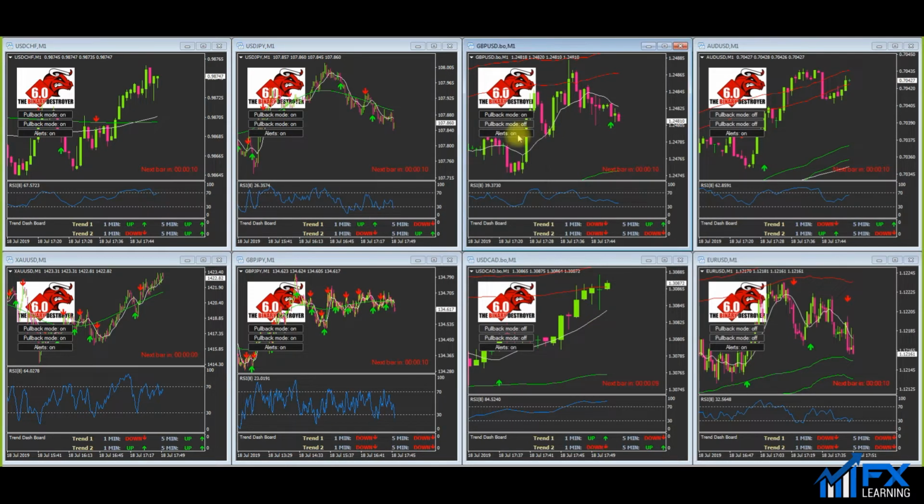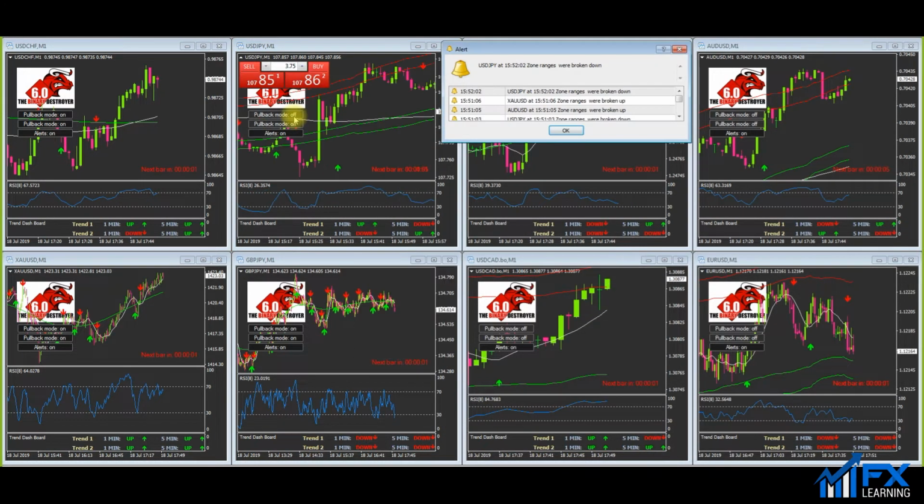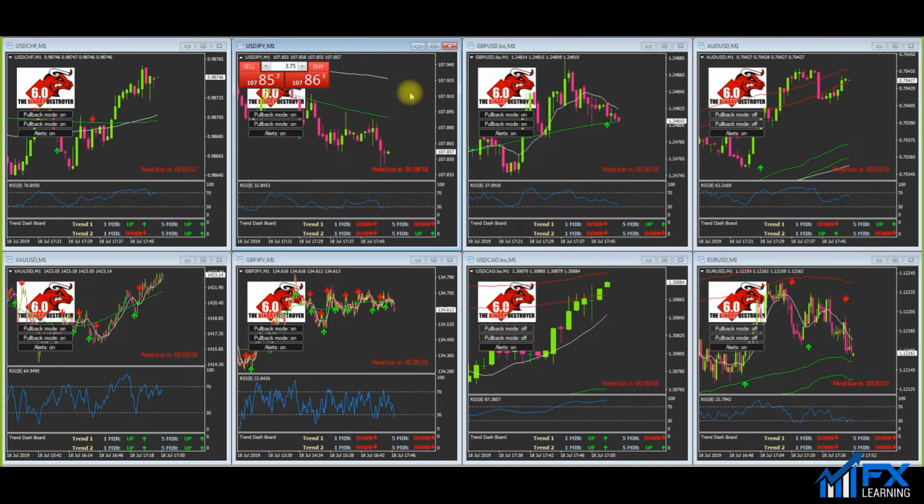In fact, I need to change these moving averages because some of these are wrong. So change like that. Okay, pullback mode on.